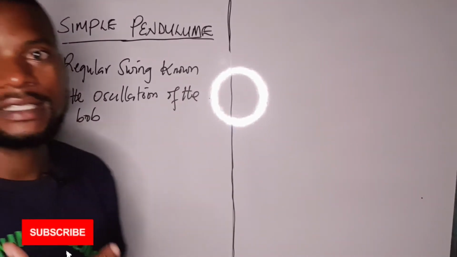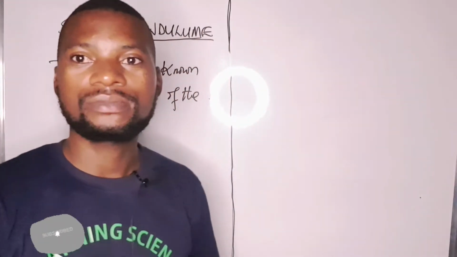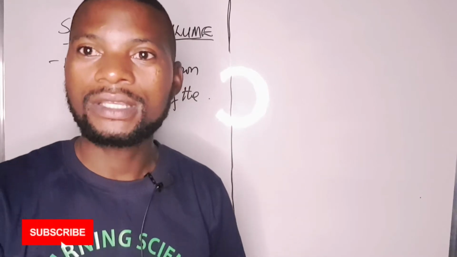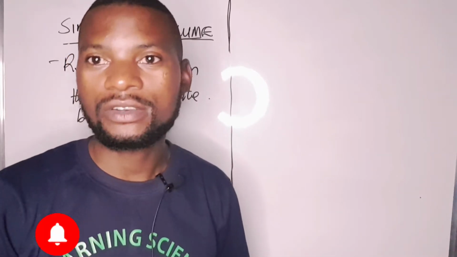So we are saying the simple pendulum is an instrument that is used to measure time, which uses the regular swing called oscillation of the bulb.